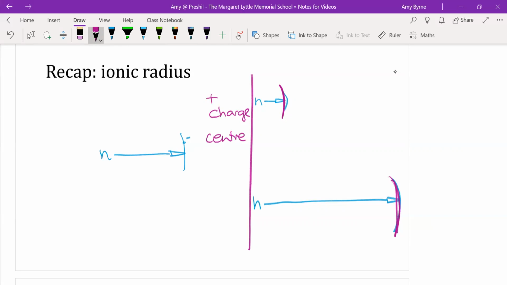So ionic radius we've discussed in periodicity. If you're not sure about how that trends, please go and check out that video.